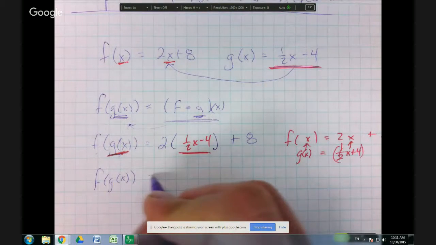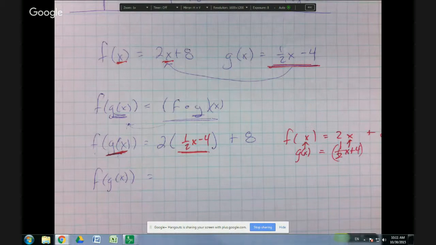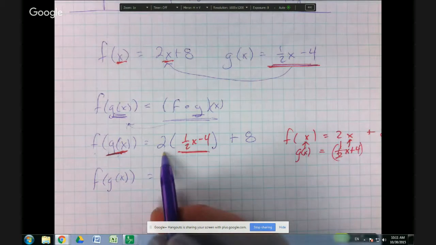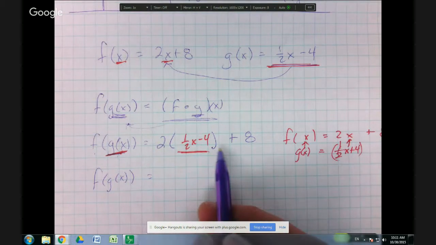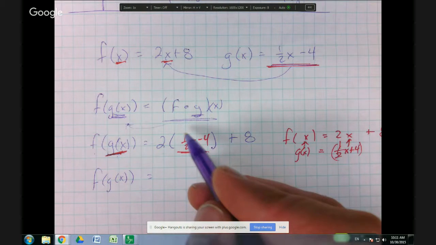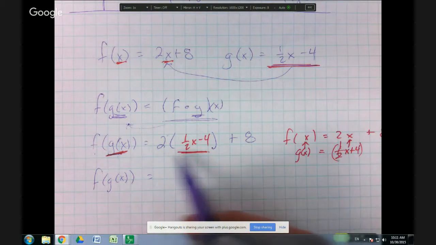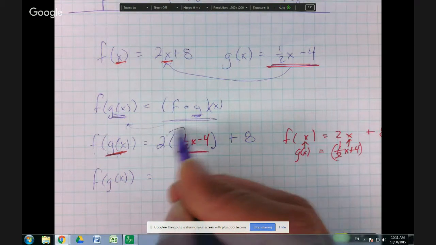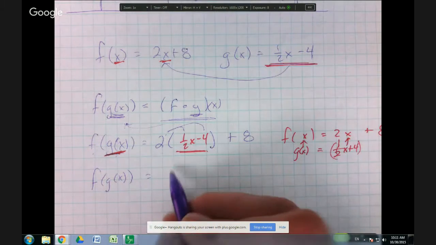You've got to simplify. How do I simplify this? How do I get rid of parentheses?